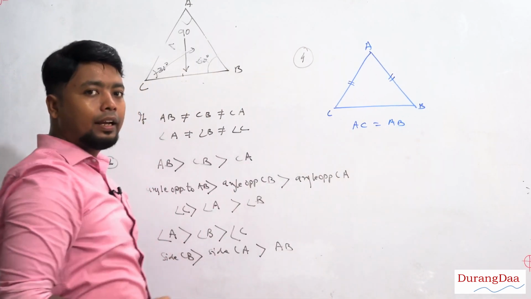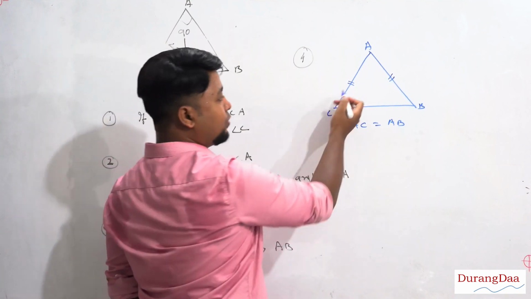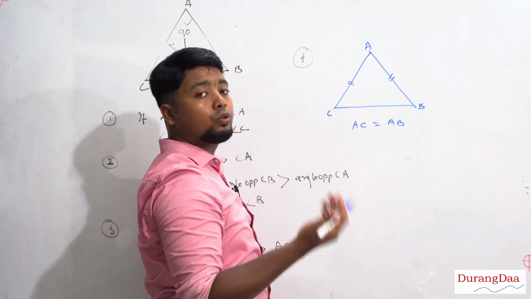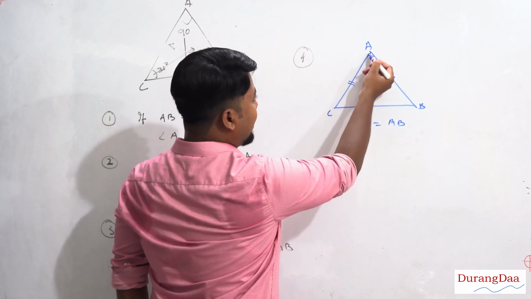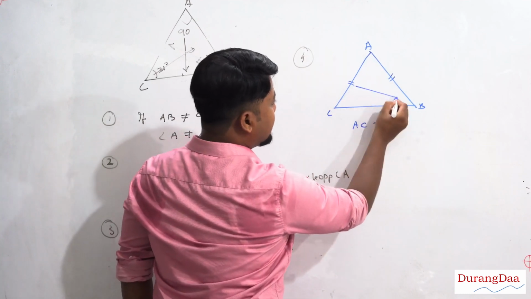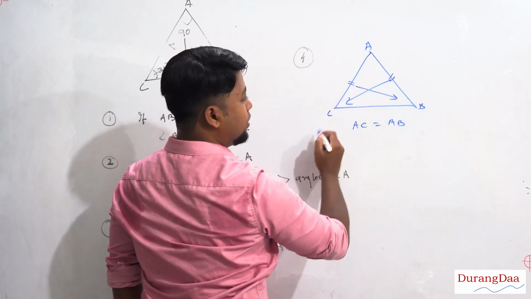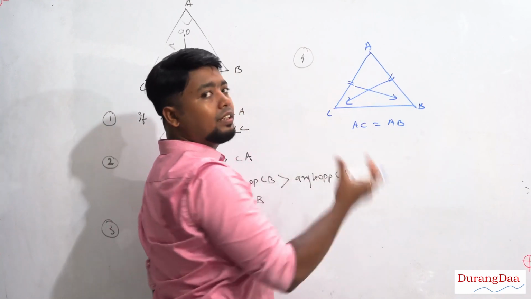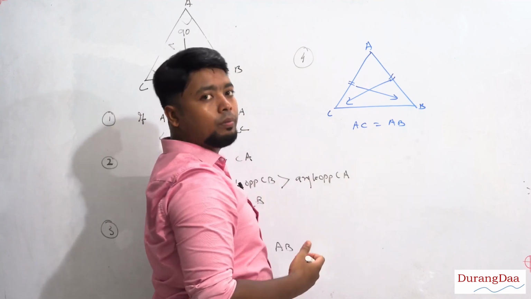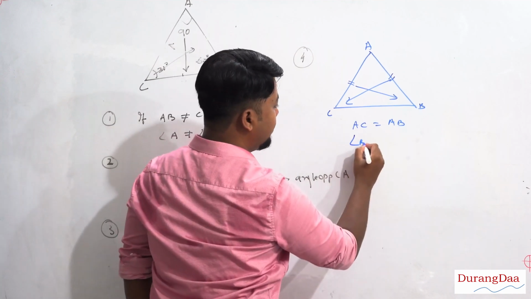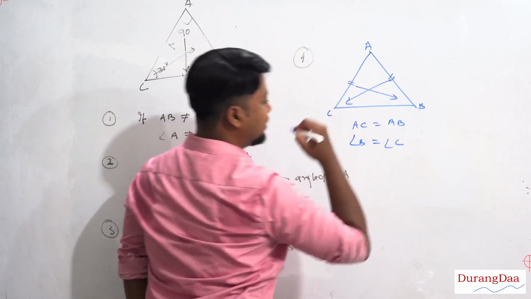Then it is understood that the angles opposite to the equal sides will also be equal. The angle opposite to side AC is angle B, and the angle opposite to side AB is angle C. Since both the sides are equal, the angles would also be equal. So angle B is equal to angle C. Is that clear?